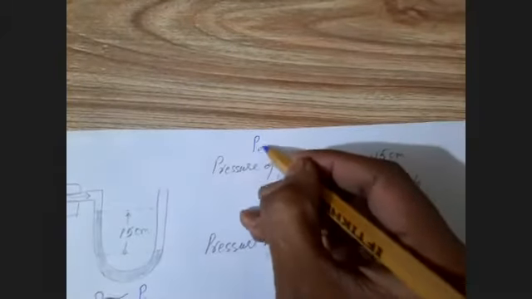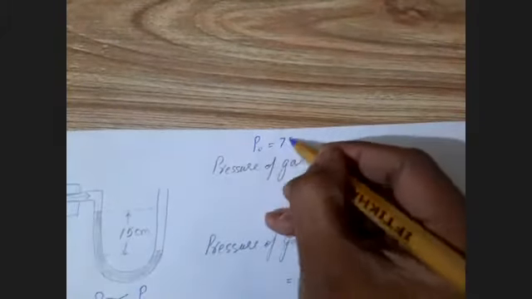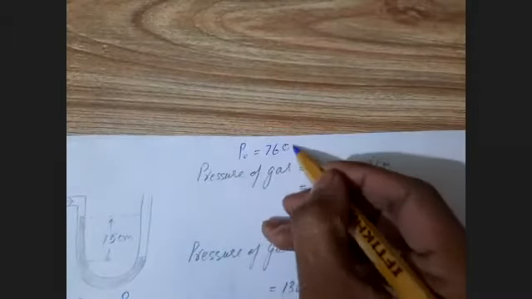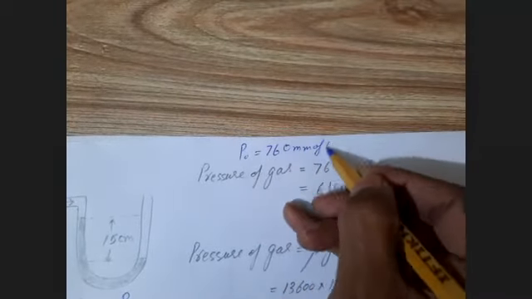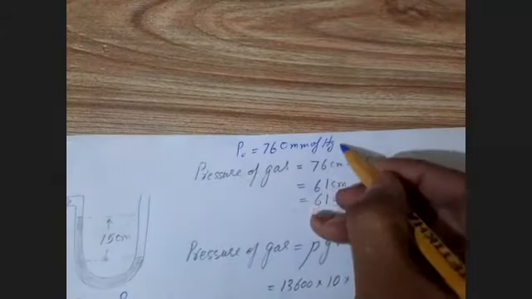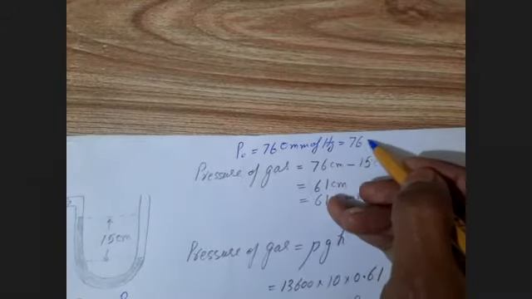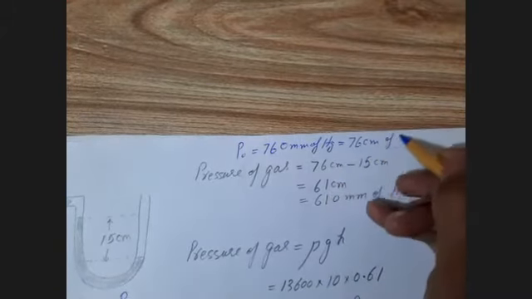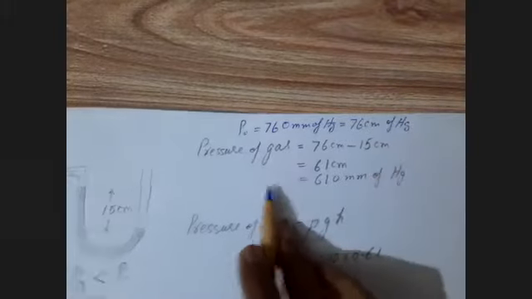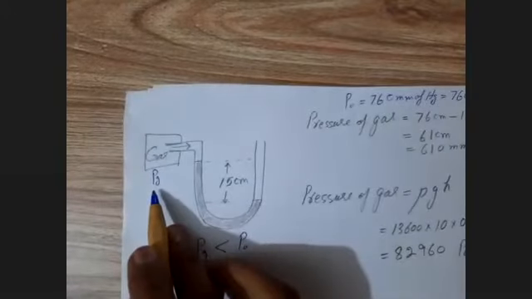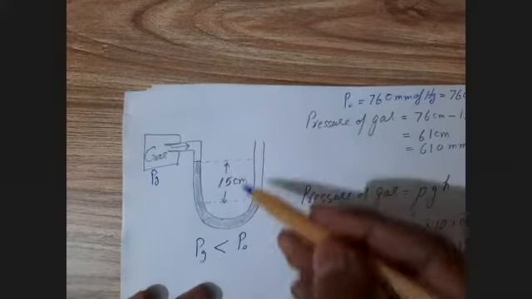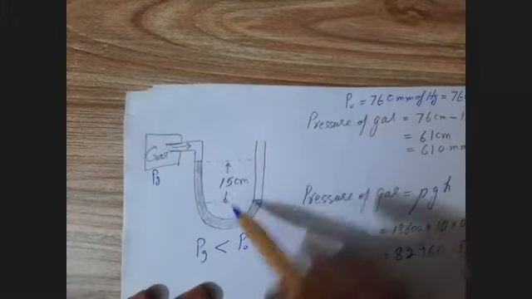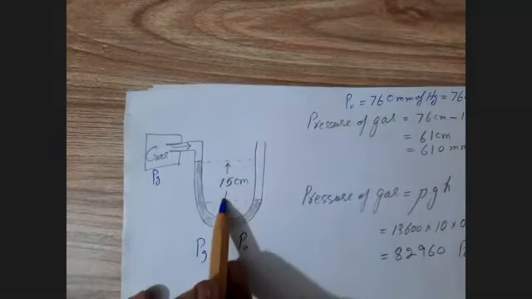Obviously, you know that the height for atmospheric pressure is 760 millimeter of Hg, so we can write 76 centimeter of Hg. If the unknown pressure is less than the atmospheric pressure, then you will have to see this difference, which is lesser than the atmospheric pressure.